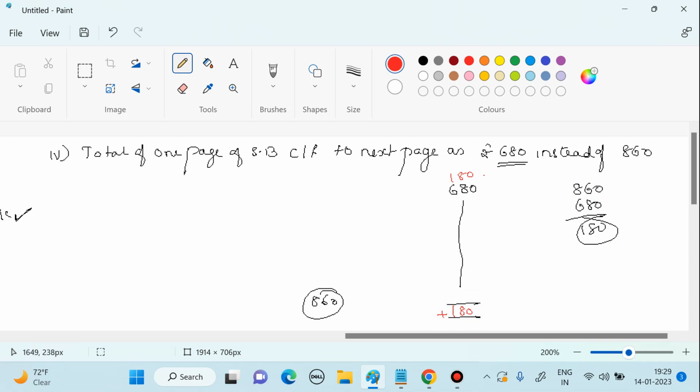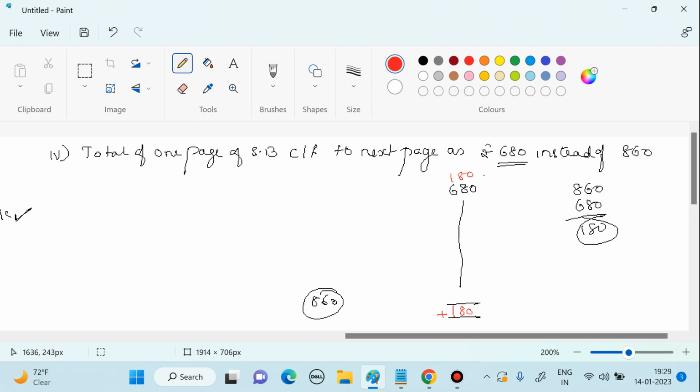So what should you do? You should increase the amount of 180 in sales. Sales, do you debit or credit to increase it? We need to credit sales.